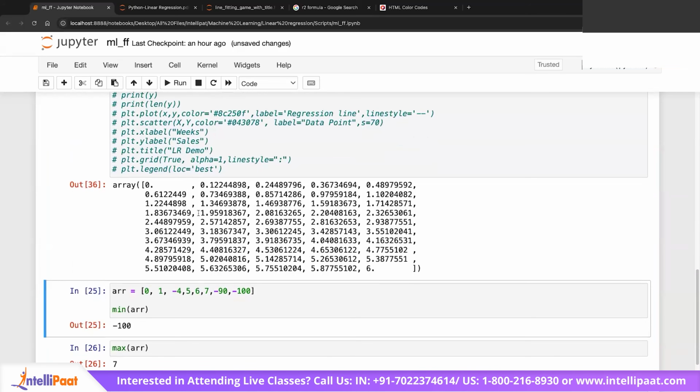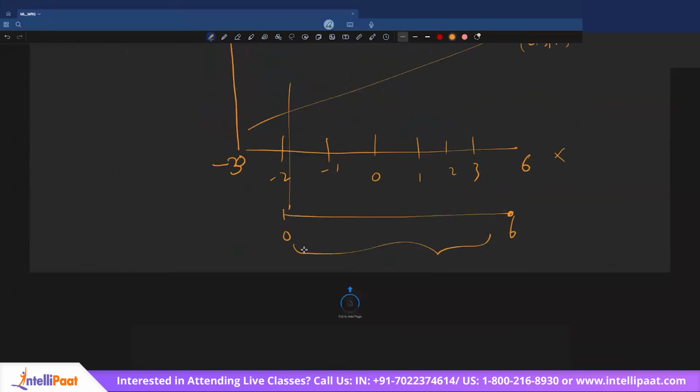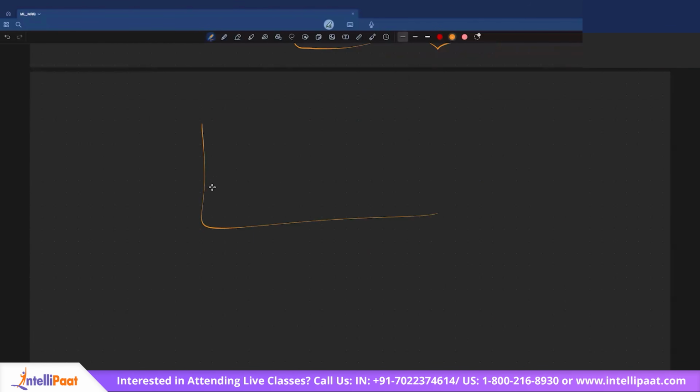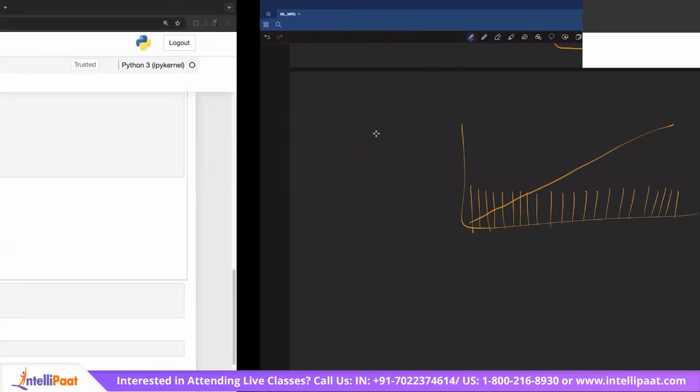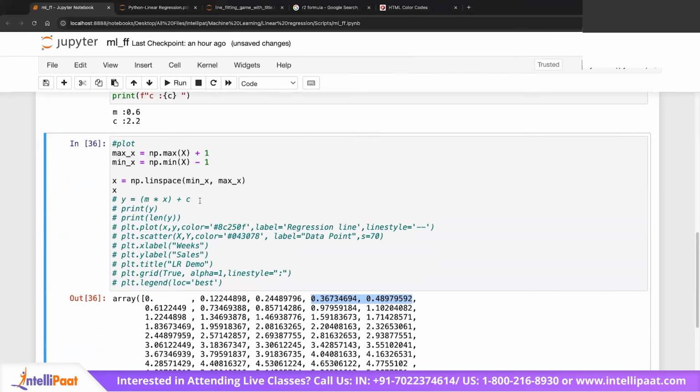Equal portions: 0 to this is one portion, this to this is one portion. Haven't I divided my x-axis into so many smaller points, equally spaced? Yes or no? Now, don't I need to do a line equation for all those small points? So that is why I have not taken capital X, I have taken small x. That's why the line will go from 0 all the way till 6.